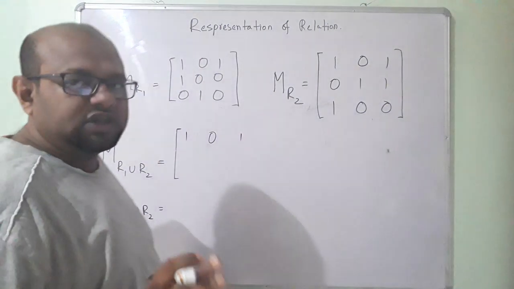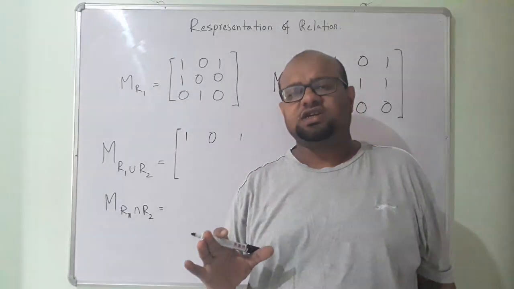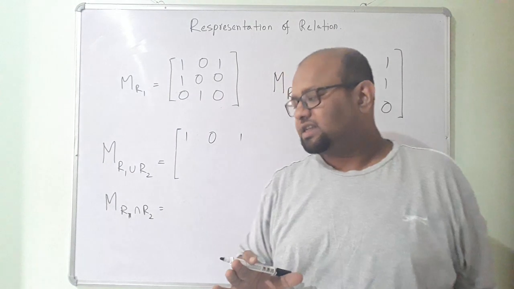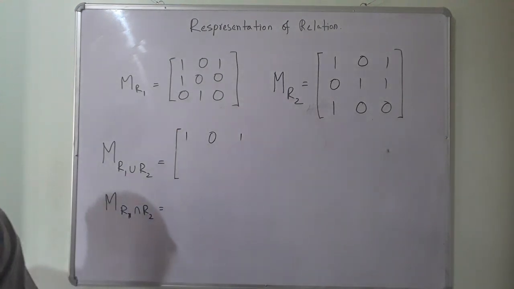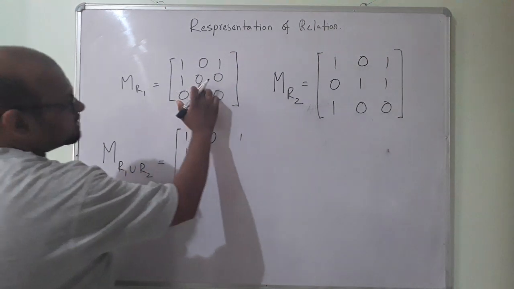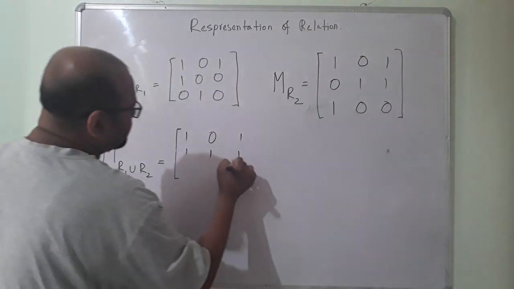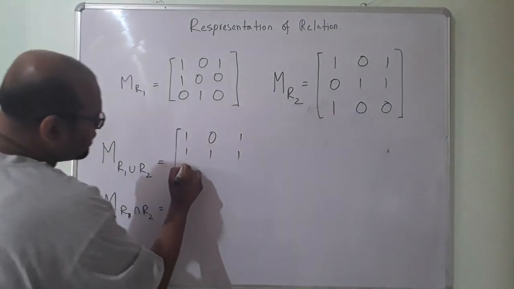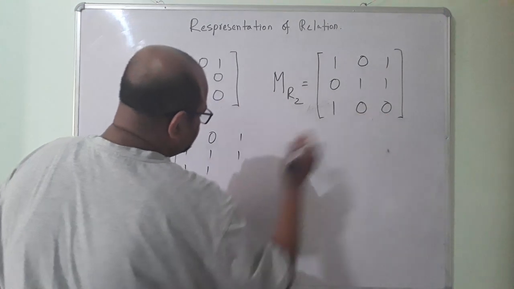I am talking about the conjunction and disjunction, AND and OR, that we have in Boolean algebra. 1 or 0 is 1, 0 or 1 is 1, 0 or 1 is 1, then 0 or 1 is 1, 1 or 0 is 1, 0 or 0 is 0.